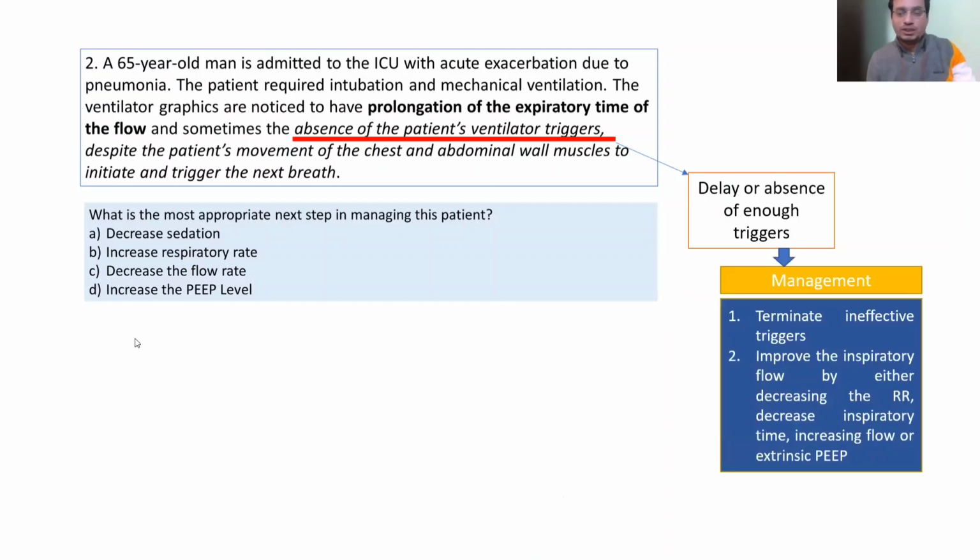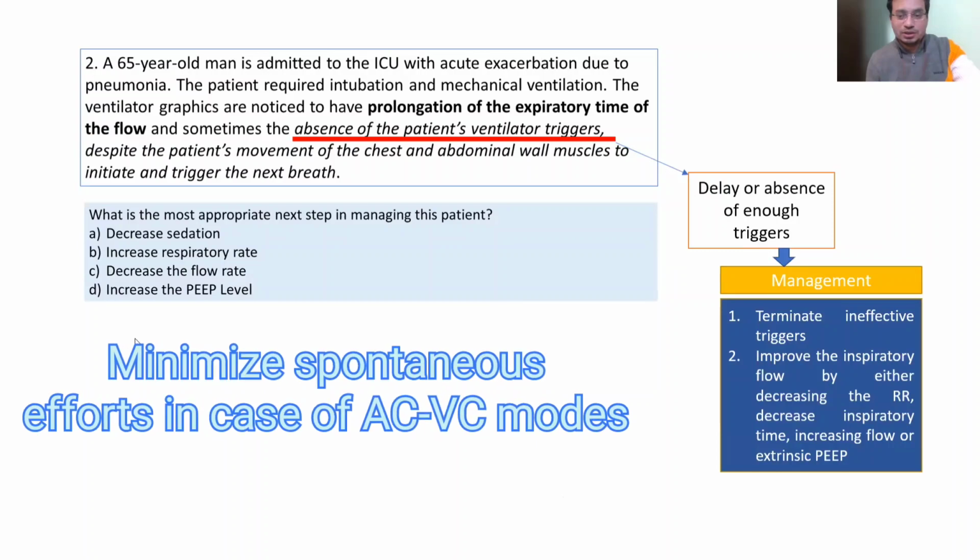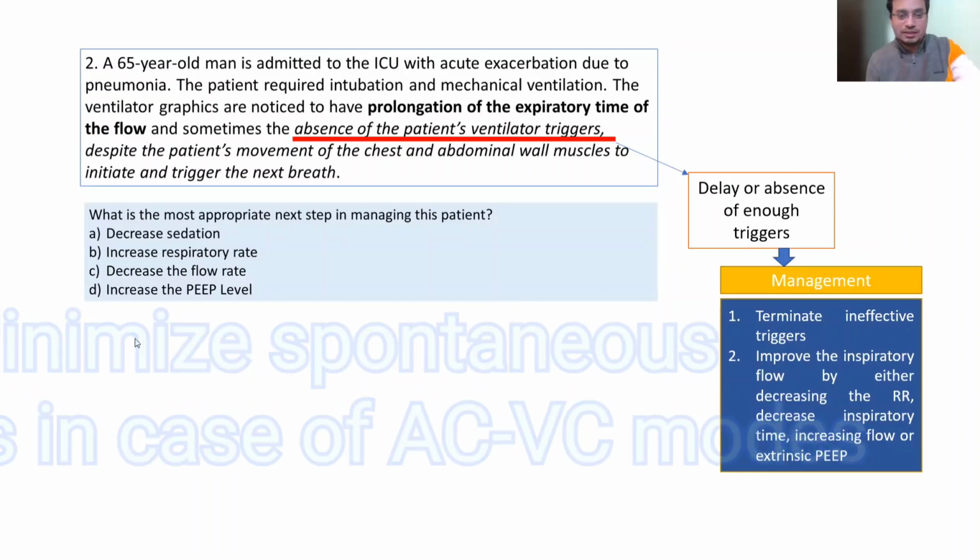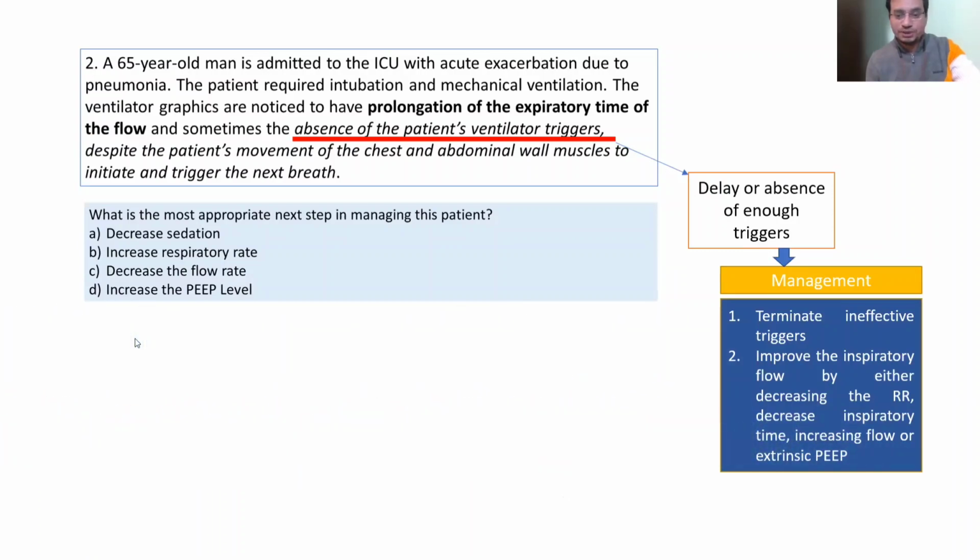Treatment usually involves increasing the sedation to minimize the patient's spontaneous breathing. Decreasing the tidal volume is also an option, as is decreasing the respiratory rate and respiratory time, which can also improve the respiratory flow, and the problem of ineffective triggering will be gone.